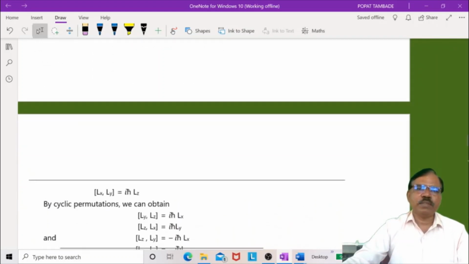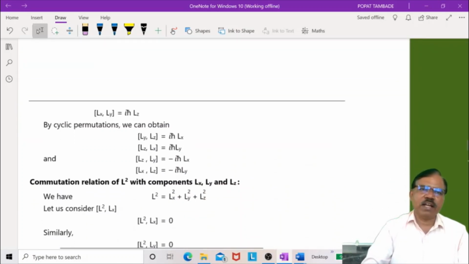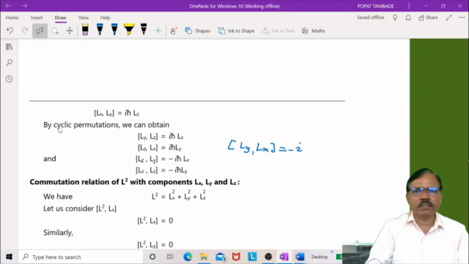Now if we take the commutator bracket between Lx and Ly, we get iħ Lz. If we take Ly Lz, we have iħ Lx, and Lz Lx gives iħ Ly. But if we reverse this, Lz Ly, we get minus iħ Lx, Lx Lz gives minus iħ Ly, and Ly Lx is equal to minus iħ Lz.